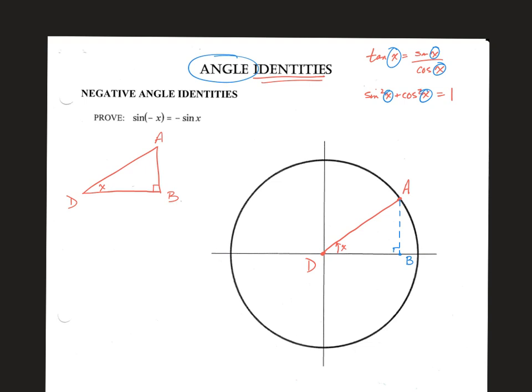So, if we're good with all of our labels, then this would have to be side A, this would have to be side D, and this side B, if we were to look at it as a unit circle, would have a value of 1.